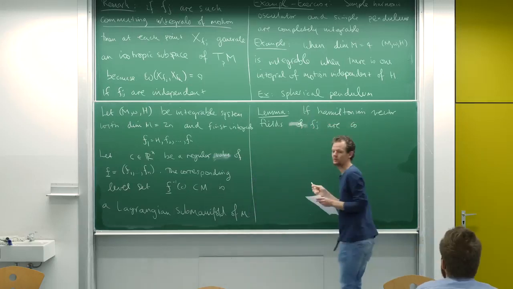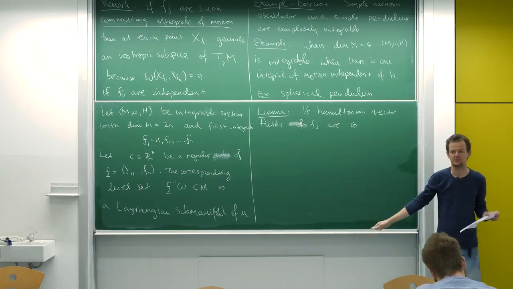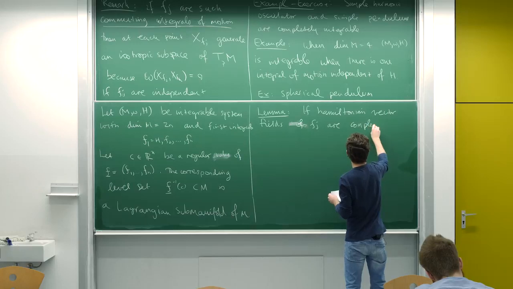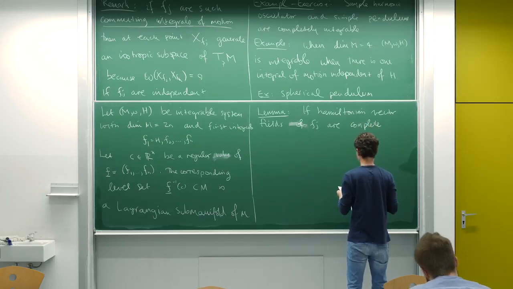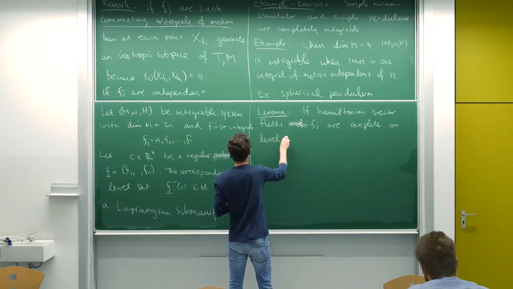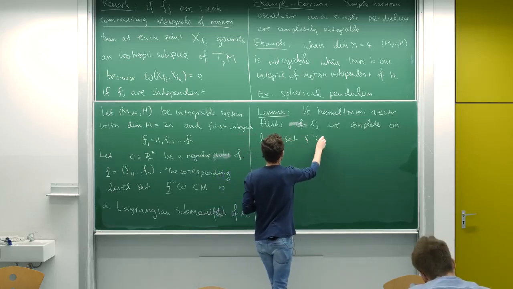So let's suppose that either our symplectic manifold is compact or that these vector fields are complete, so we can integrate them for all time on the level set f^{-1}(c).